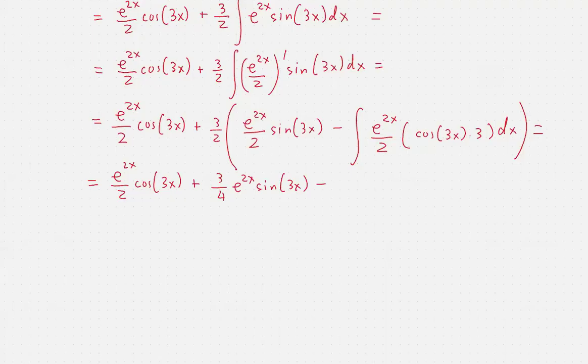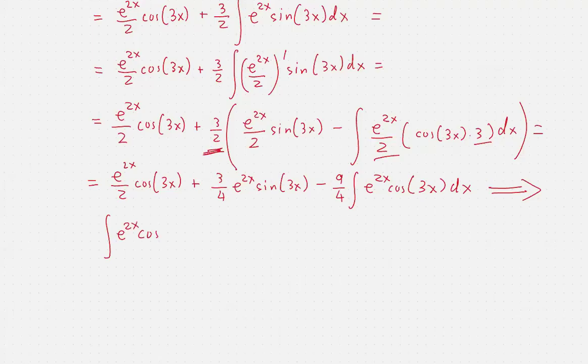So that will give us minus 9 over 4 times e to the 2x cosine of 3x. We're not going to perform any more integration by parts here. We just note that that's why we put the implication sign, that the original integral that we wanted to compute, which is e to the 2x cosine of 3x dx, is equal to e to the 2x.